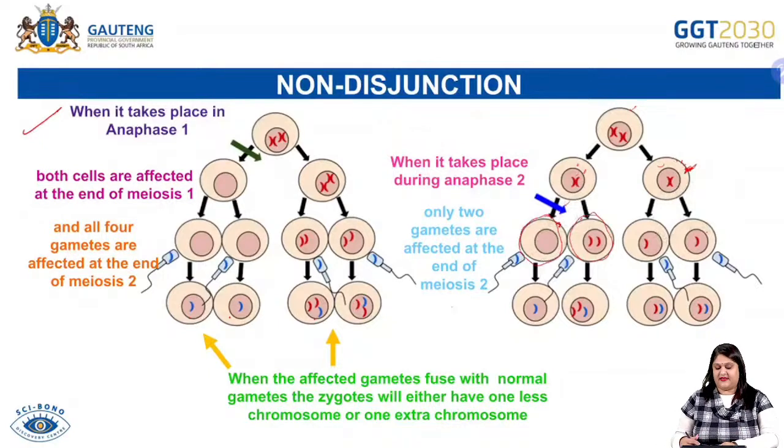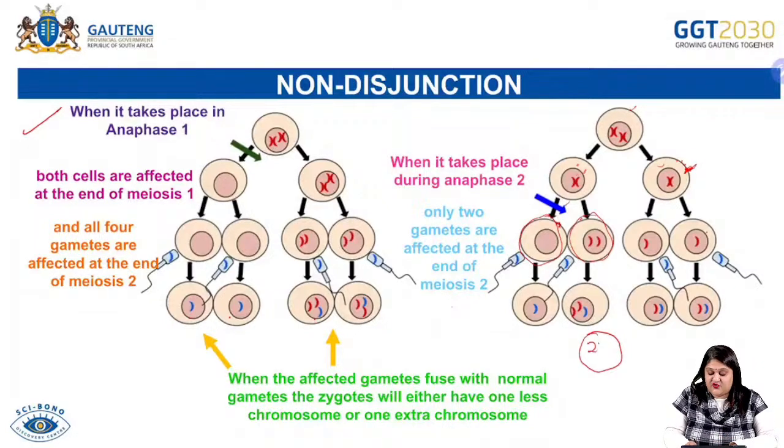Let me give you a simple example. Let's say it's an ovum, and say it's a human, and it's going to have 24 chromosomes. You should know that in a human, an ovum should have 23.